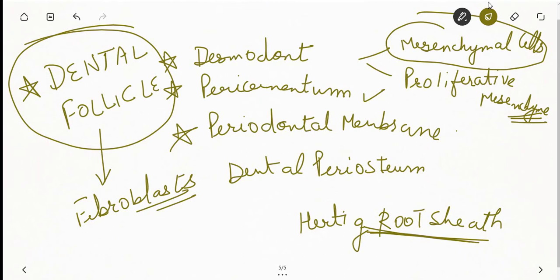So these cells become elongated and contain an increased amount of RER, mitochondria, and active Golgi complex, and as a result they synthesize the collagen fibrils.